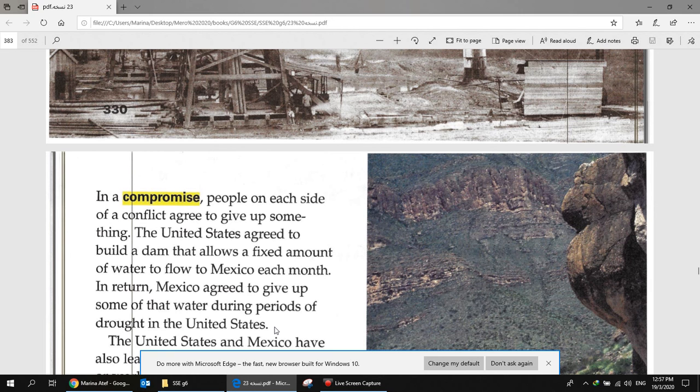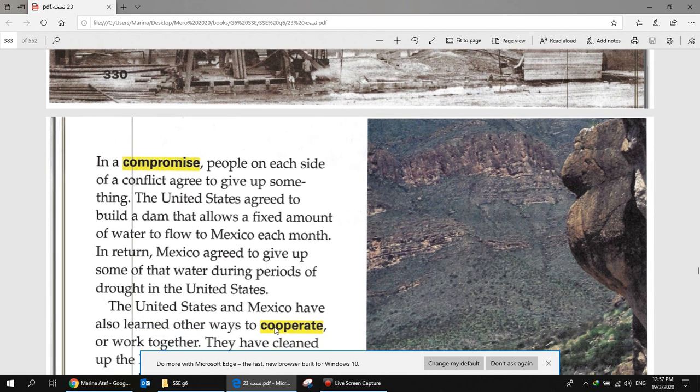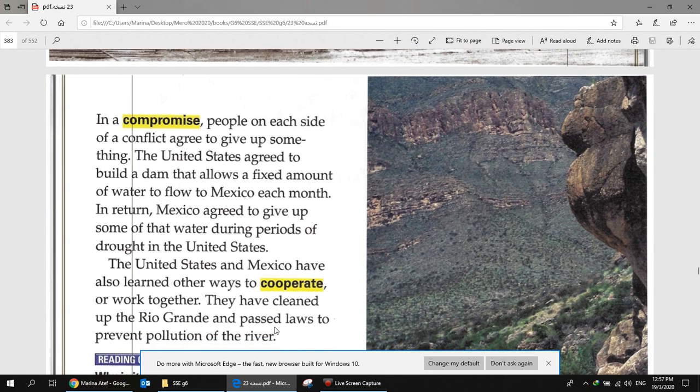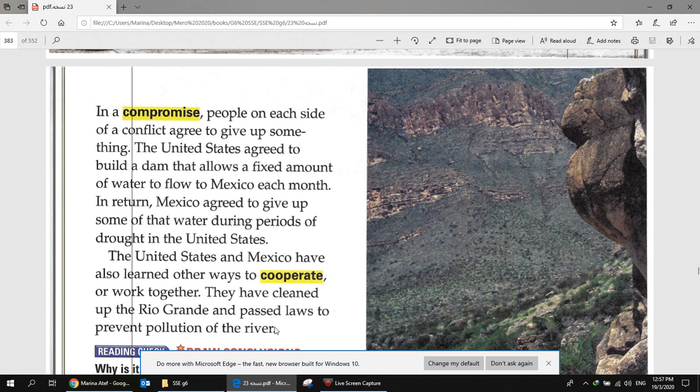Okay, what was the compromise made by the United States? The United States agreed to build a dam that allows a fixed amount of water to flow to Mexico each month. Mexico agreed to give up some of the water during periods of drought in the United States. This is how they compromised to solve this conflict.